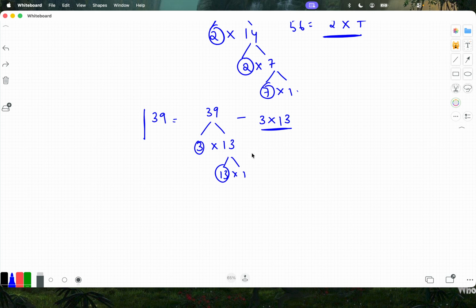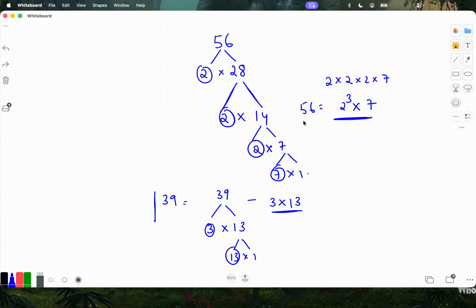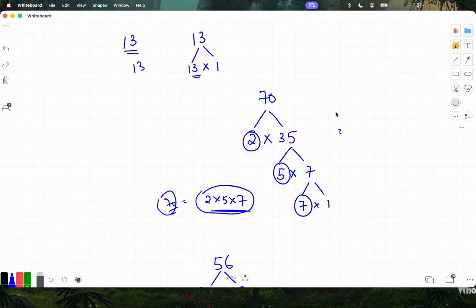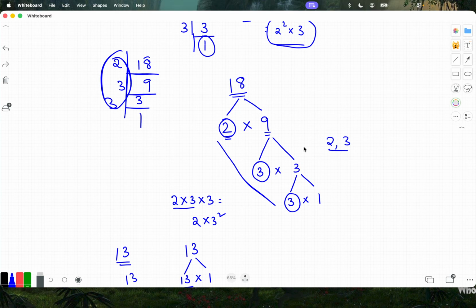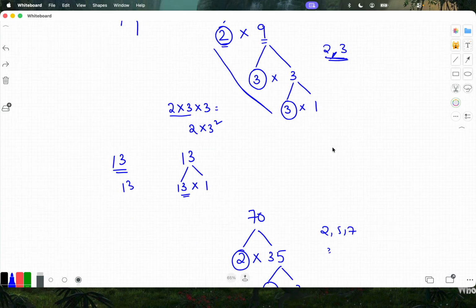Okay, and what are the prime factors of 39? 3 and 13. So what are the prime factors of 56? 2 comma 7. What are the prime factors of 70? 2 comma 5 comma 7. What are the prime factors of 18? 2 comma 3. So this is how, as per the question, you will write the answer. If we ask what are the prime factors of 18, you will just say 2 and 3.